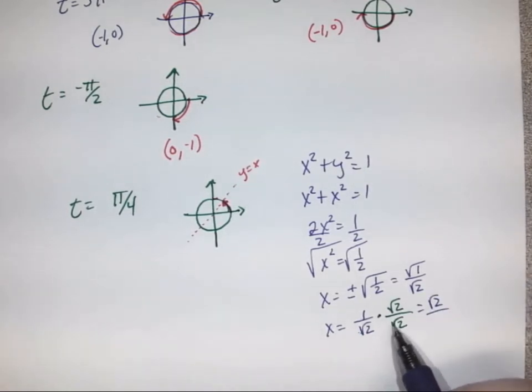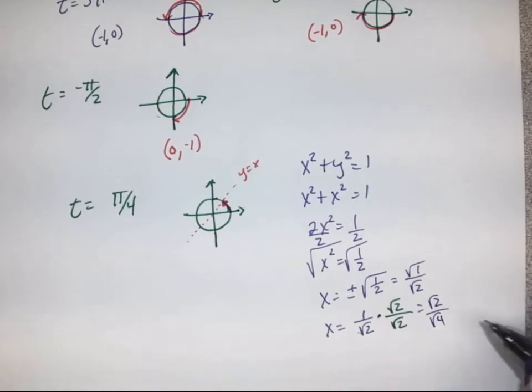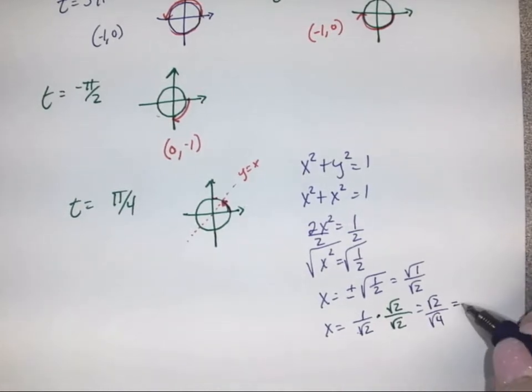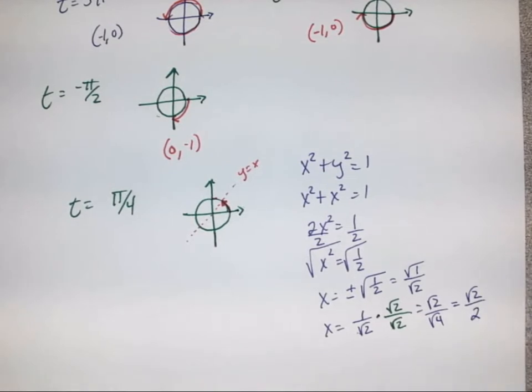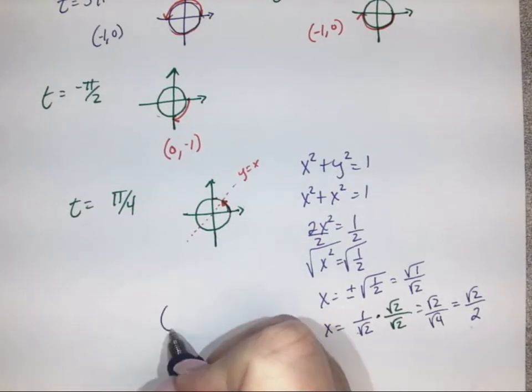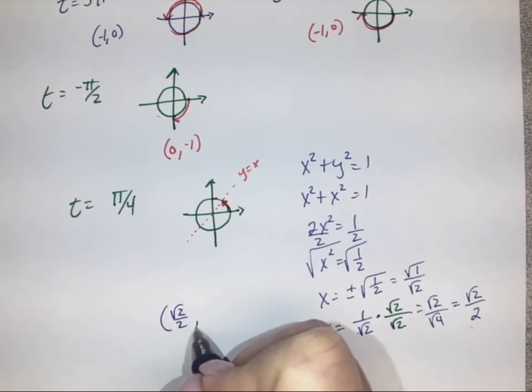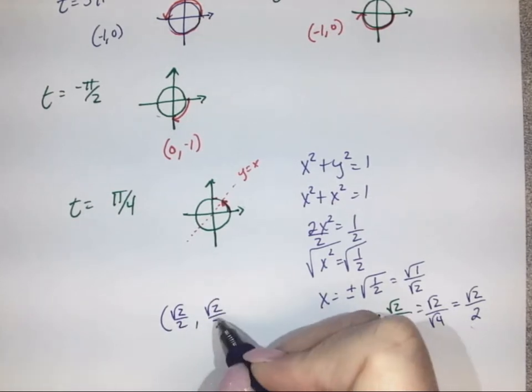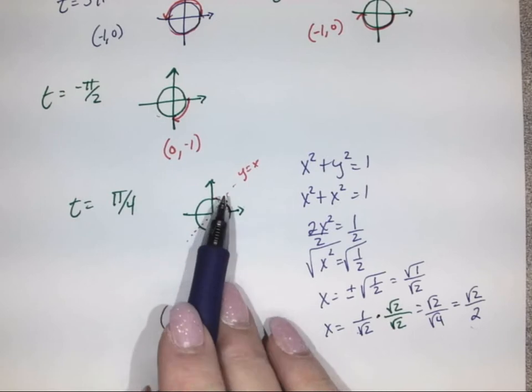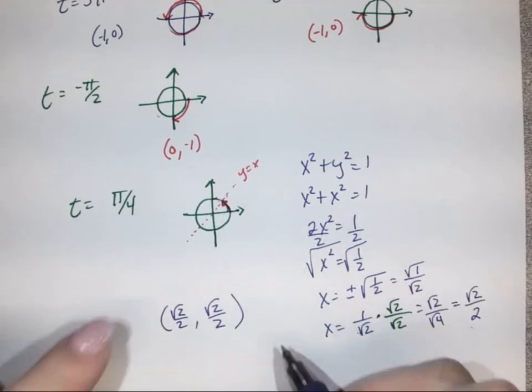The square root of 2 times the square root of 2 is the square root of 4, which is 2, so it'll be the square root of 2 over 2. And because x and y are the same, our point would be the square root of 2 over 2, the square root of 2 over 2. And that is the terminal point. That is right there.